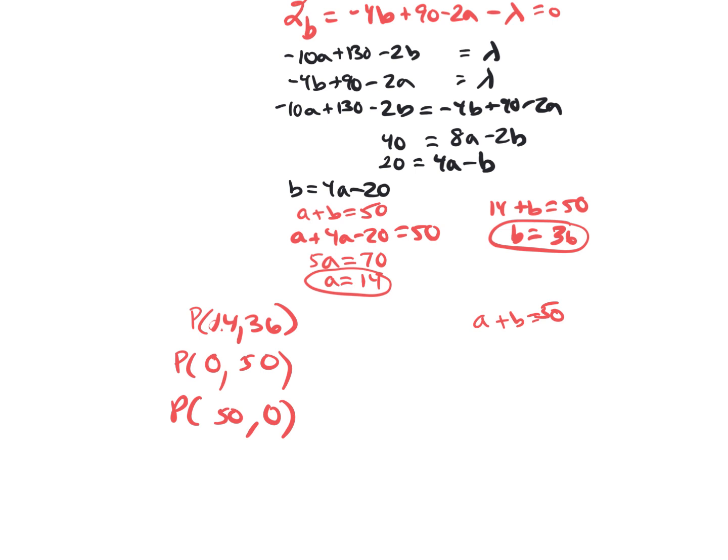Okay, let me erase the constraint down here because it's in my way. This would take you forever to do without a calculator. Even with the calculator, it took me a long time. So I'm plugging 14 and 36 into that original long equation that I simplified.